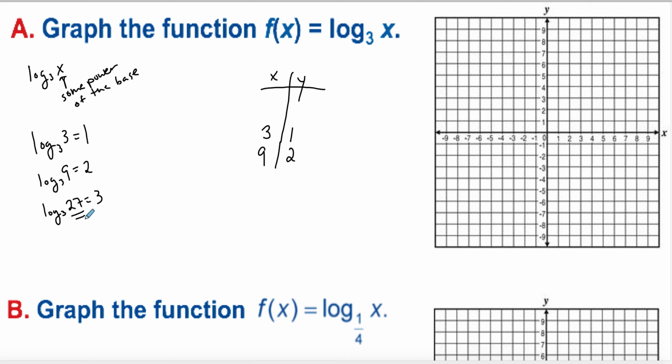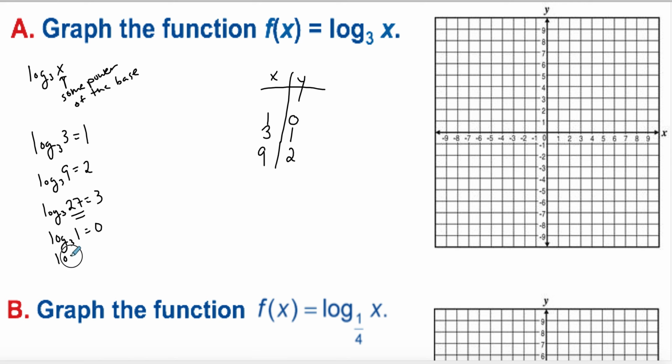But 27 is going to be pretty beefy to graph, so let's see if we can think about going the other way. What's another power of 3? This one might be kind of difficult to see. If I do log base 3 of 1, 3 to what power gets me a 1? That's a 0. Okay, so 1 was the x value I plugged in. I got a 0 back out.